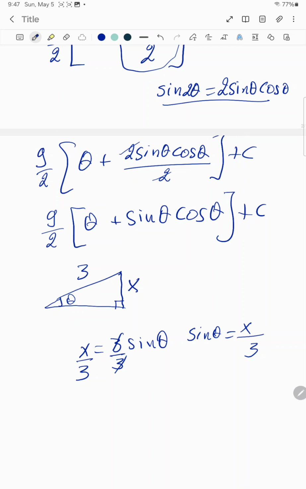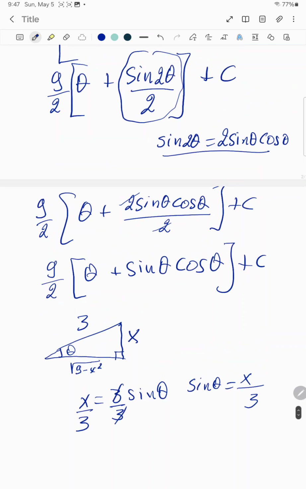And if I want to apply the Pythagoras theorem, I would have here the square root of 9 minus x squared. Why? Because if I have 9 minus x squared plus x squared, it should be equal to 3 squared. If you do the calculation, you're going to see it's equal to 3 squared.